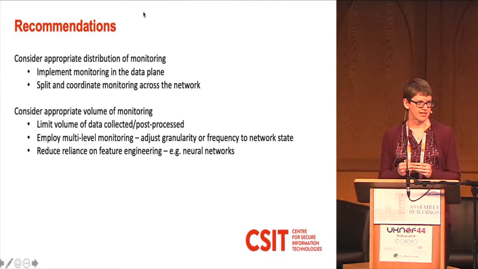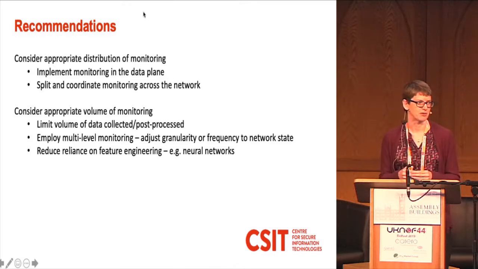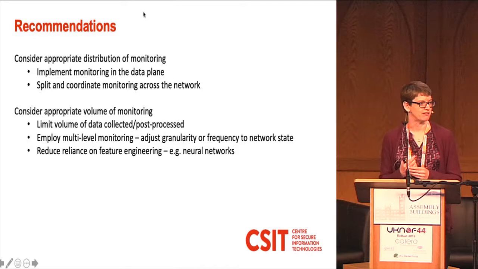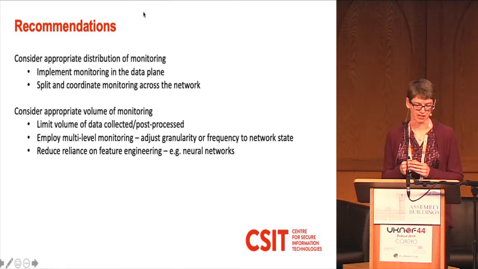Work that's being done today looks at using neural networks and convolutional neural networks, where there's no reliance on feature engineering. The network itself determines internally what the highest contributing factors are, creating its own features effectively to determine an attack scenario or attack detection.